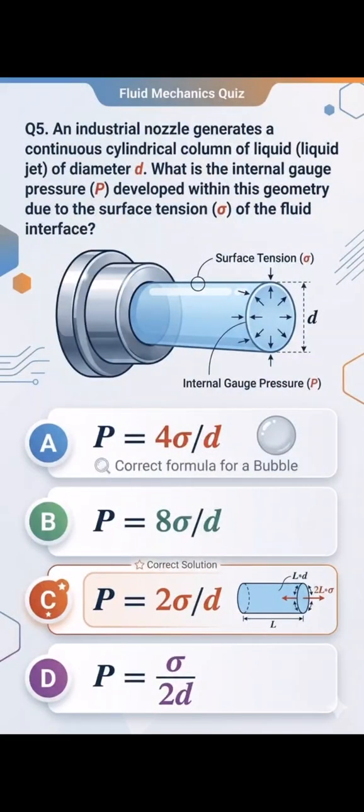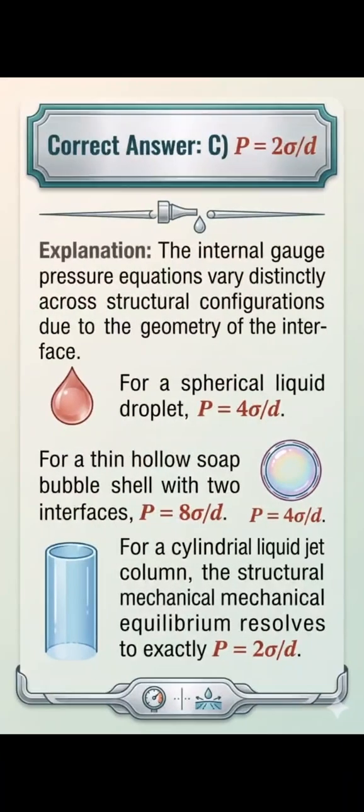An industrial nozzle generates a continuous cylindrical column of liquid of diameter d. What is the internal gauge pressure developed within this geometry due to the surface tension sigma of the fluid interface? This is 2 sigma by d, as already discussed. The internal gauge pressure equation varies distinctly across structural configurations due to the geometry of the interface.